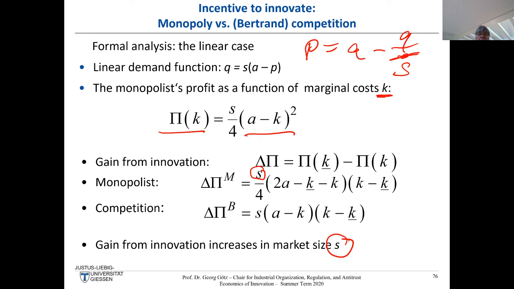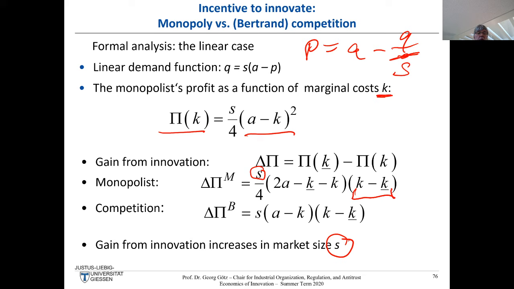Also, the second point, a larger innovation, meaning the cost change, the lower K lower bar, that is, the larger the difference between the original cost and the new cost, the higher is your incentive to innovate. So this is your gain from drastic innovation.